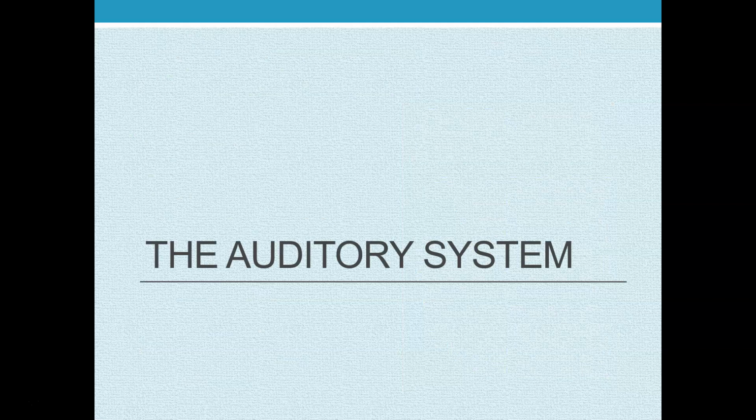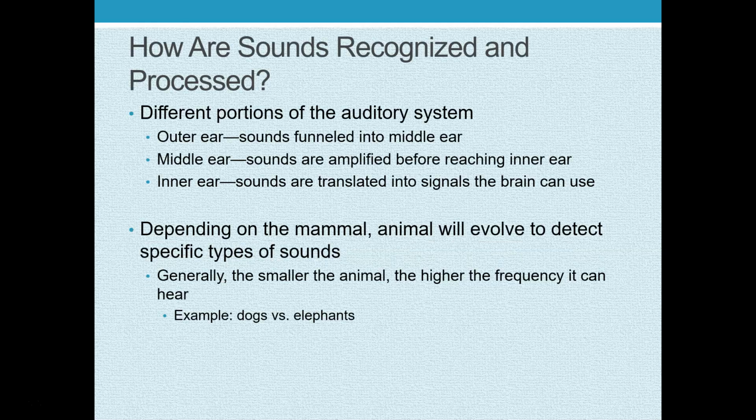So now let's move on and talk about the auditory system. How are sounds actually recognized and processed? The auditory system is involved in this in a series of different stages. We have different portions of the auditory system with different functions.